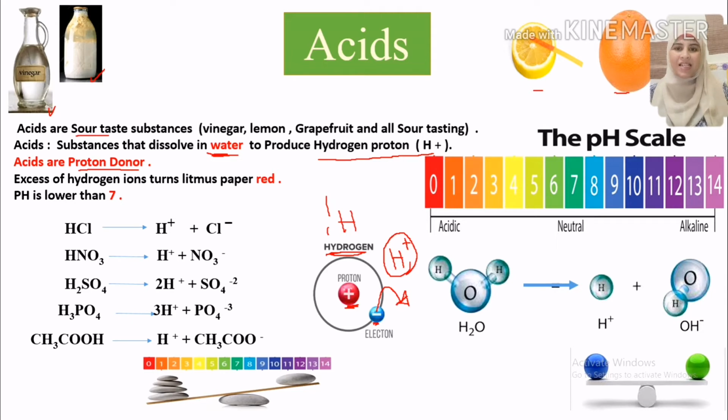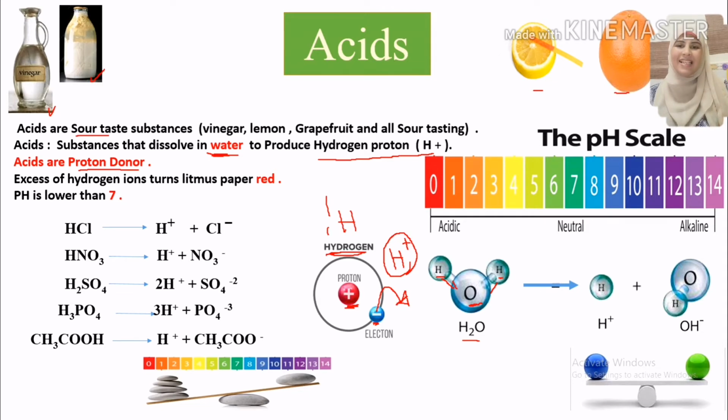We can see the same in water molecule. In water molecule we have oxygen atom attached to two hydrogen atoms. So we have covalent bonds between oxygen and hydrogen atoms. Oxygen atom has high electronegativity. Electronegativity means high ability for the oxygen atom to attract electrons.